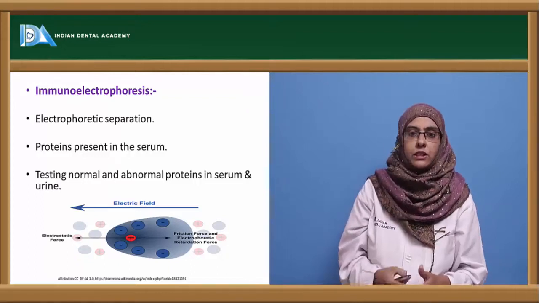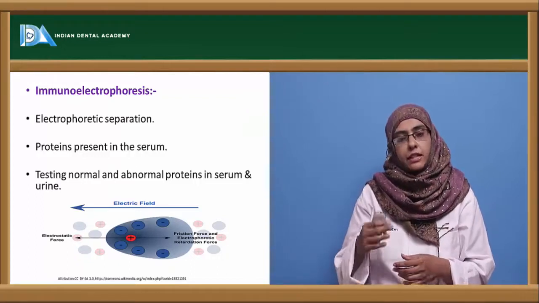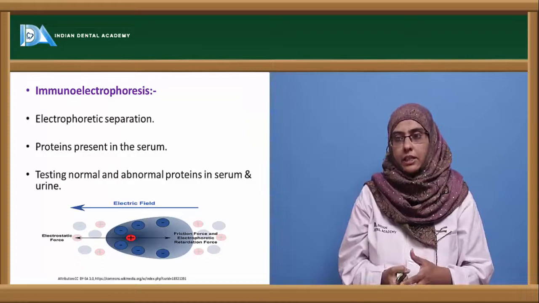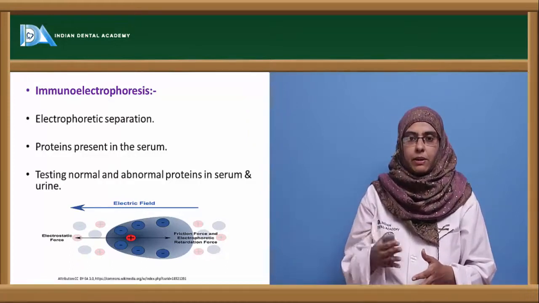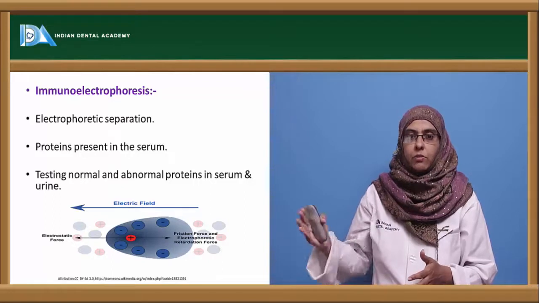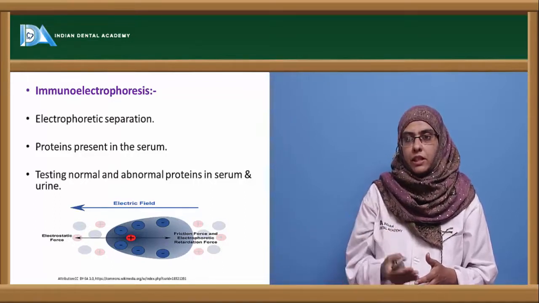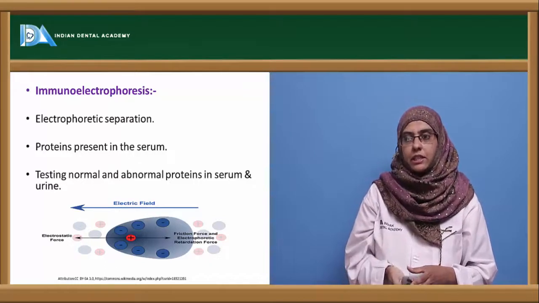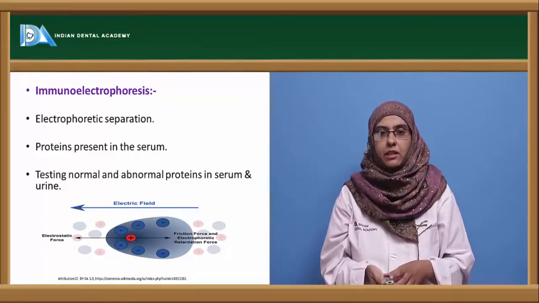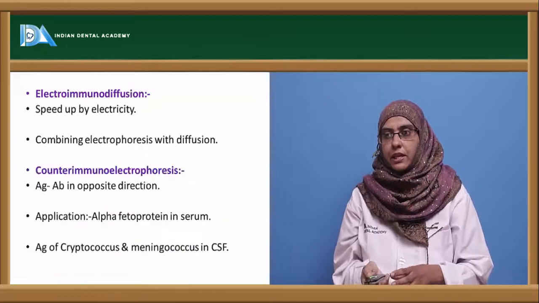So electrophoresis is combined with immunodiffusion, and it is more sensitive when compared to the other techniques. Here the proteins present in the serum will be electrophoresed into different components, towards which we go for immunodiffusion. And here testing of normal and abnormal proteins in serum and urine samples is usually done.